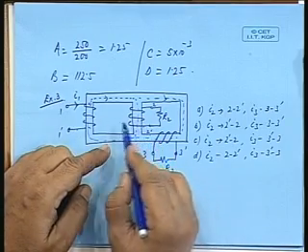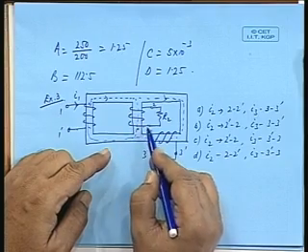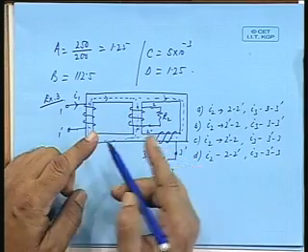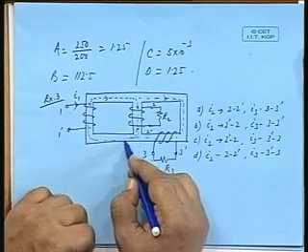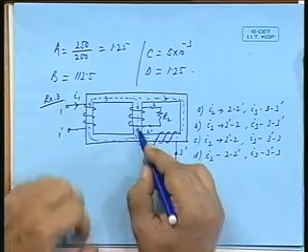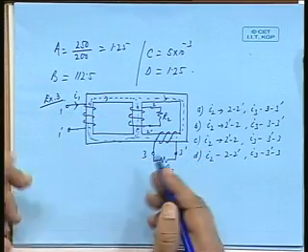That means this will be a north pole, this will be a south pole. When it is going like this, it is north pole. So, it will try to send the flux like this and like this. So, it will be adding to this flux, that is not possible.